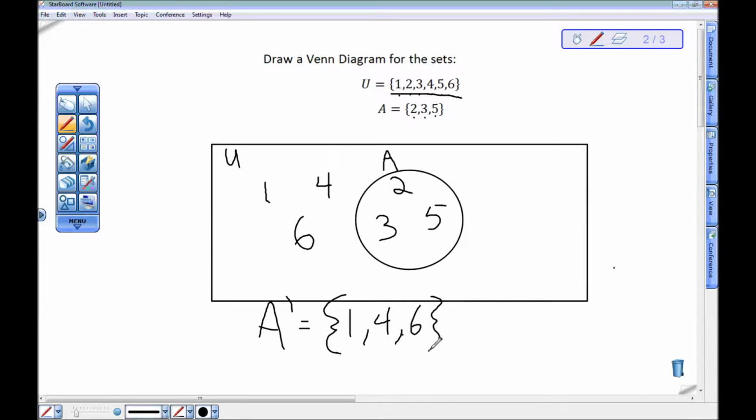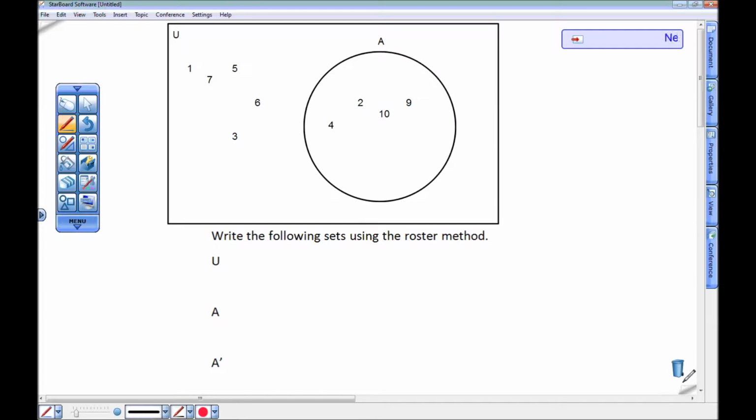But I can also look at my Venn diagram and notice those are the numbers outside of this circle A, but in the universal set. So A complement can be thought of as everything outside of this circle A if I have a picture for a Venn diagram. So A complement, everything not in A.